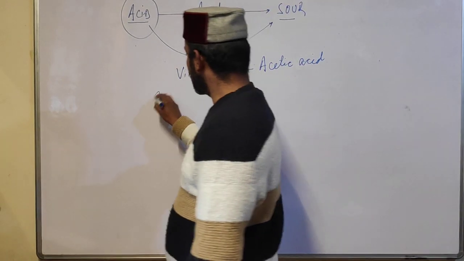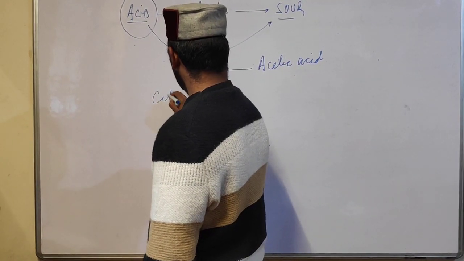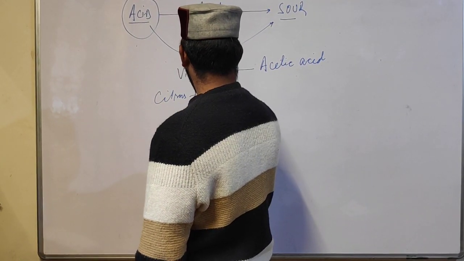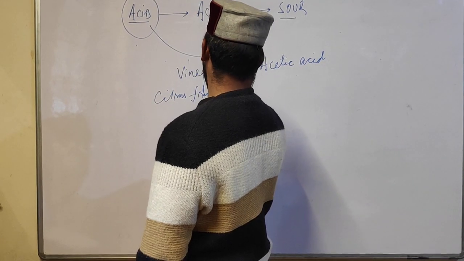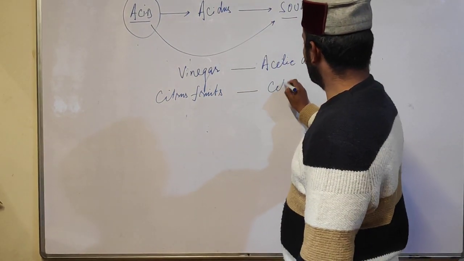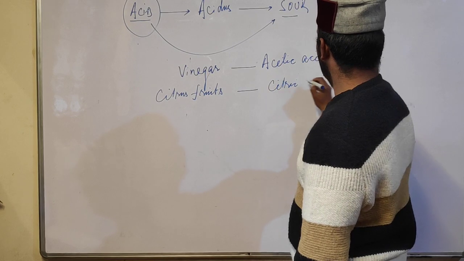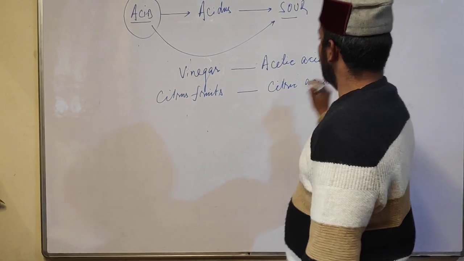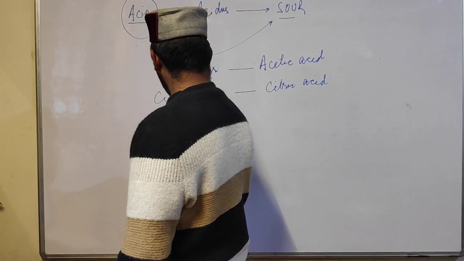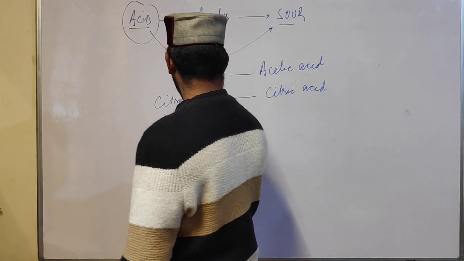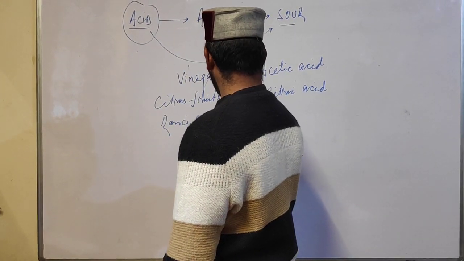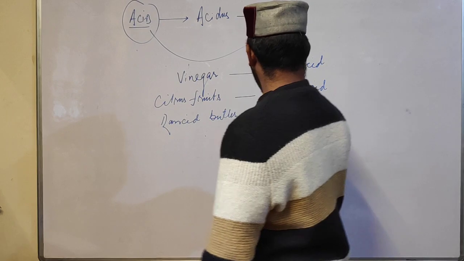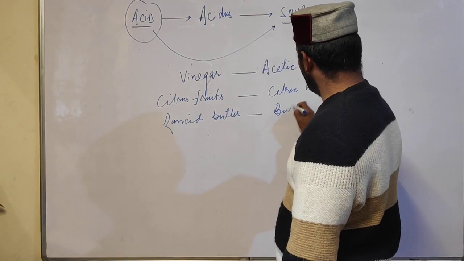Now citrus fruits like lemon, orange, etc., they contain an acid, citric acid. Then rancid butter. Now the characteristic taste in rancid butter is because of an acid, butyric acid.